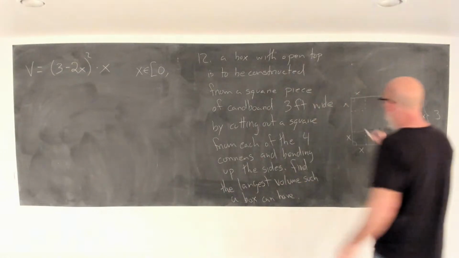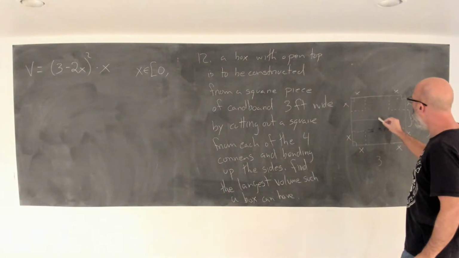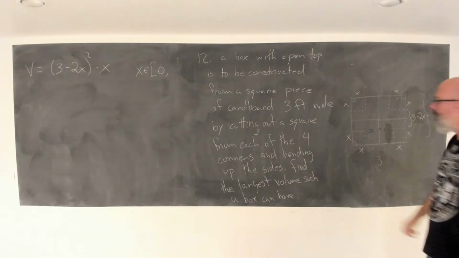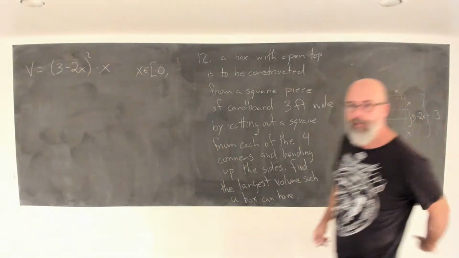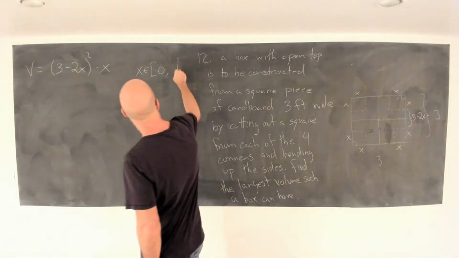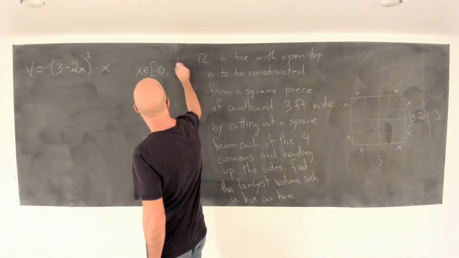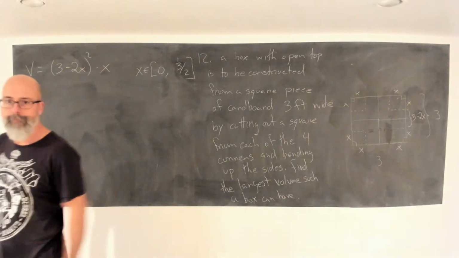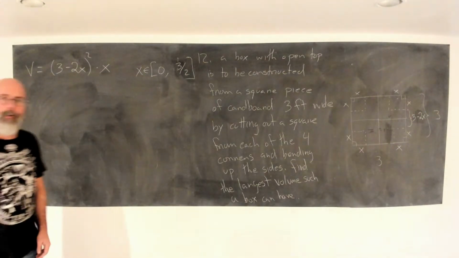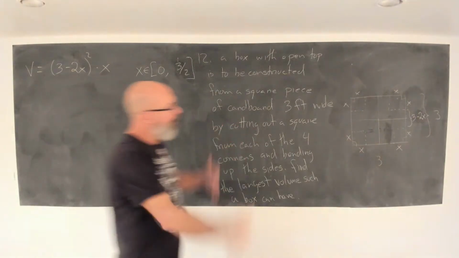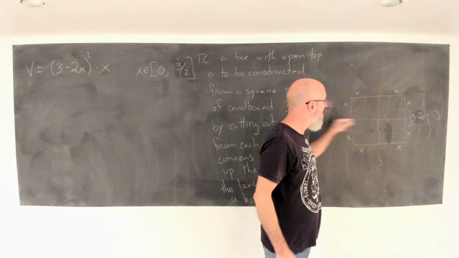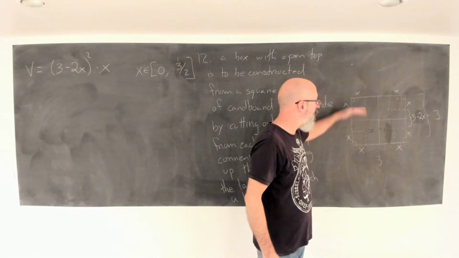How large can your square be? 1.5. Exactly that, right? You cannot cut a square bigger than 1.5 feet because it's going to overlap on the other.